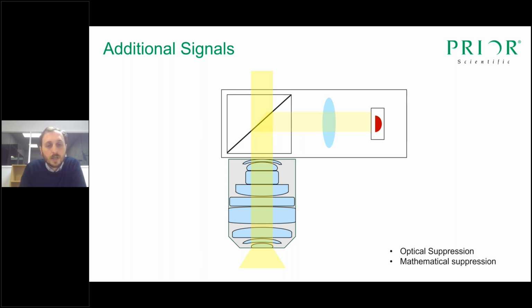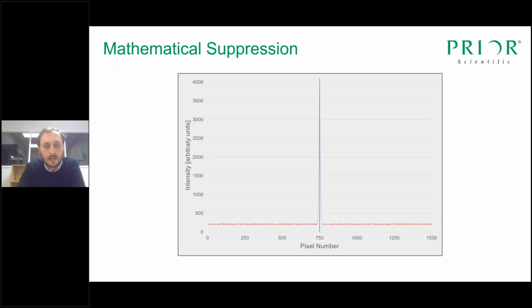We can suppress this optically by using a cleanup filter, but we can also do this mathematically by simply doing a subtraction of the signals that we see on the sensor itself. So it's a really nice way of excluding things like low-level white light that's coming onto the sensor.